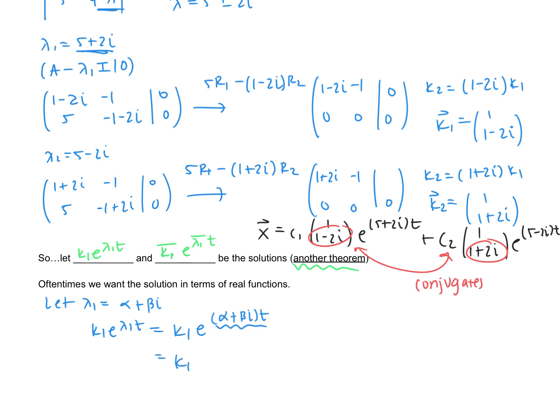So this gives us k1 e to the alpha t multiplied by e to the beta i t. Now if we think back to last unit when we were solving homogeneous linear differential equations, just one equation, not a system, we are able to re-express a term like this using Euler's formula.